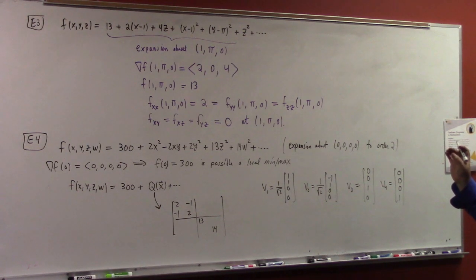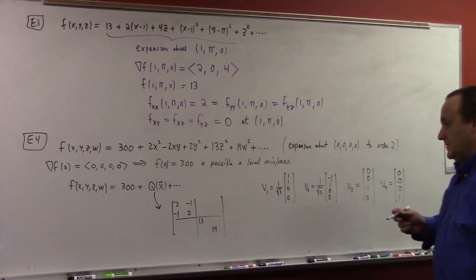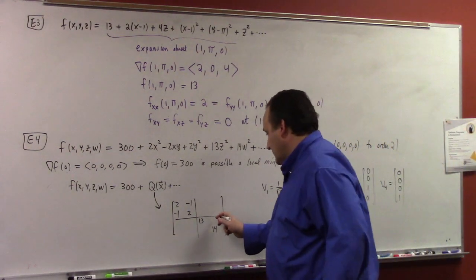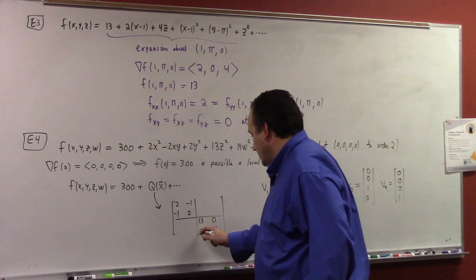So 0.1 squared is 0.01, but 0.1 cubed is much smaller, and 0.1 to the fourth smaller still. So it's completely dominated by the lowest order terms close to the point of expansion. This is the same trick that makes power series useful in Calc 2: close to the point of expansion, the higher order terms are vanishing.